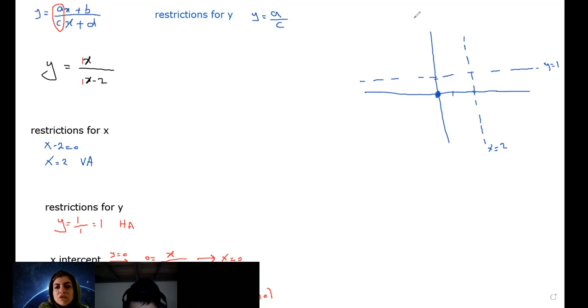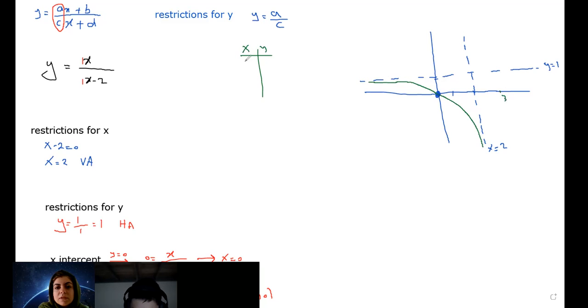This one is easy. From this point, you go toward your asymptote but never reach it. And from here, you go toward the asymptote and never reach it. But I need a point here, right? So I make a point x, y. Let's say above 2, let's say 3.